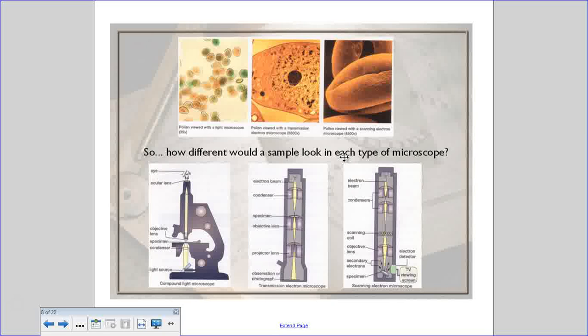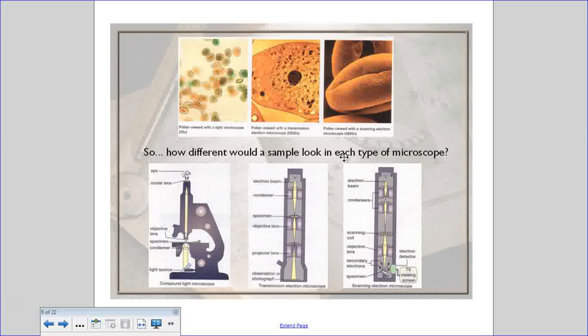If you wanted to see a really small feature on something, like the hairs on an ant, then you would need a scanning electron microscope. It scans the surface, but it gives you super fine detail.